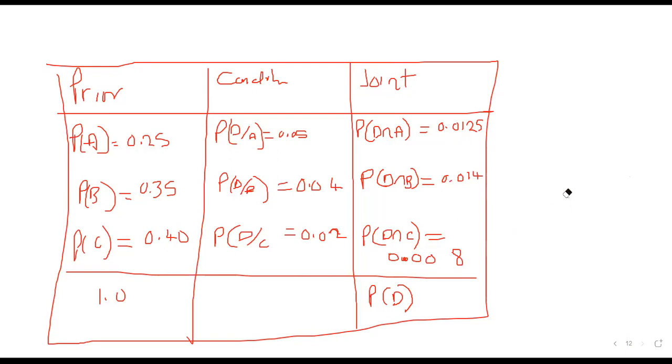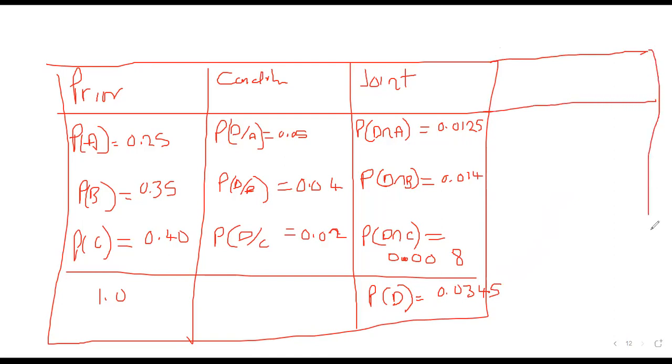Then the total. What's the total? 0.0345. Okay.